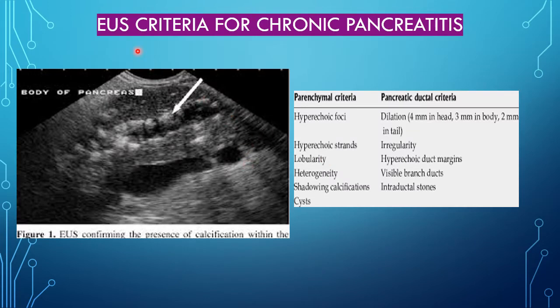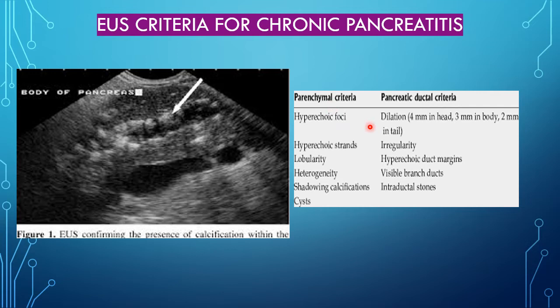This is an EUS image of a patient with chronic pancreatitis. Here you can see the pancreas, the dilated ducts here, at areas of calcification. The hypoechogenic foci indicate the dilatation of the ducts, which would be a minimum of 4 millimeters in the head of the pancreas, 3 millimeters in the body, and 2 millimeters in the tail of the pancreas.